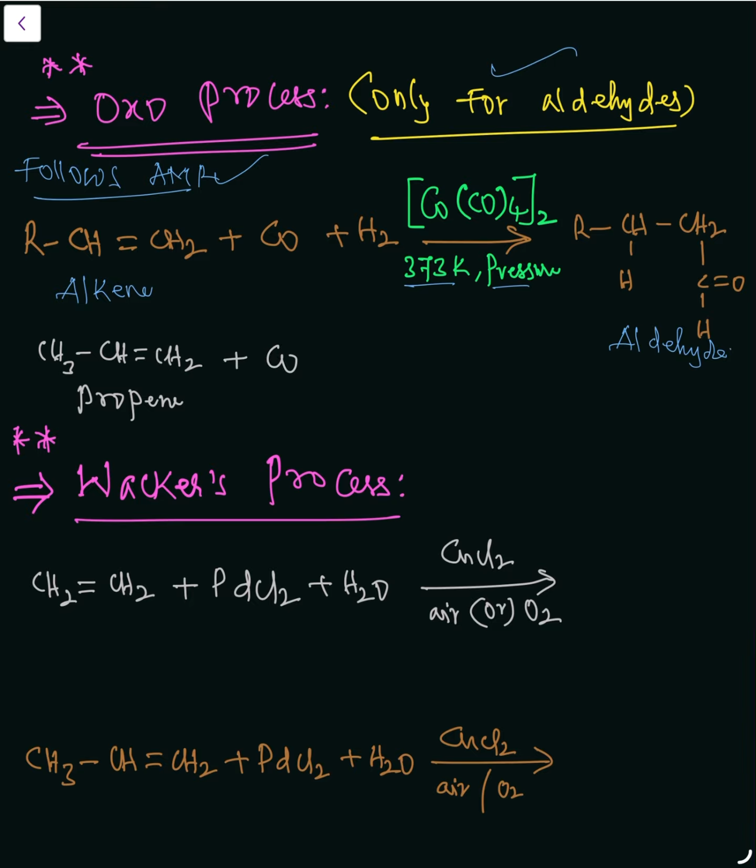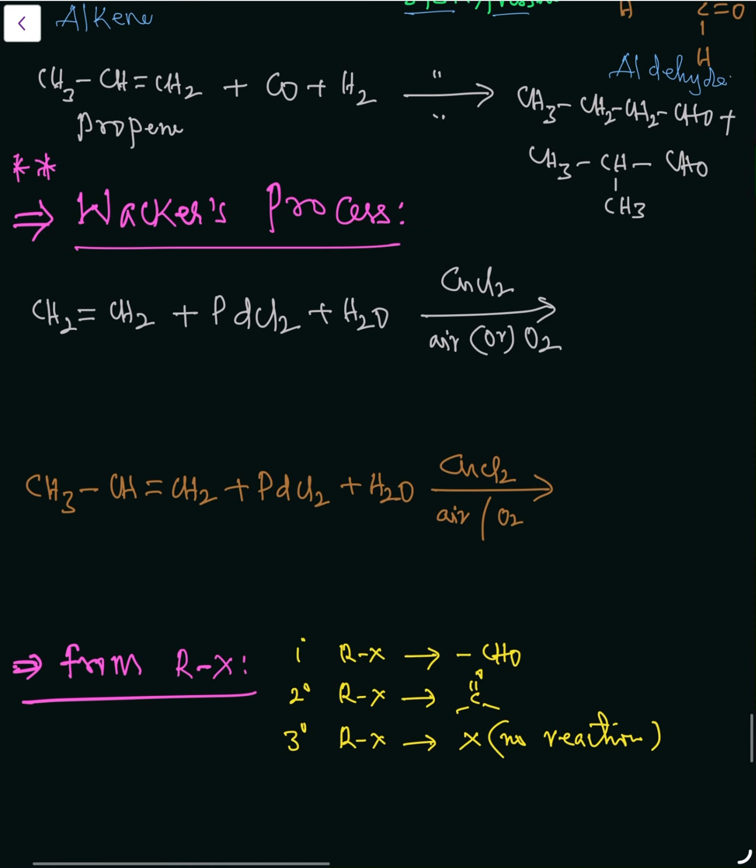When it reacts with carbon monoxide plus H2, then the compound formed is CH3 CH2 CH2 CHO. Right? Or else an isomeric product also we can expect, CH3 CH CH3 and CHO. This is the product formed in the OXO process.